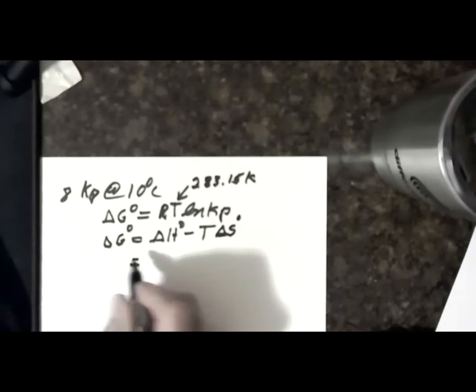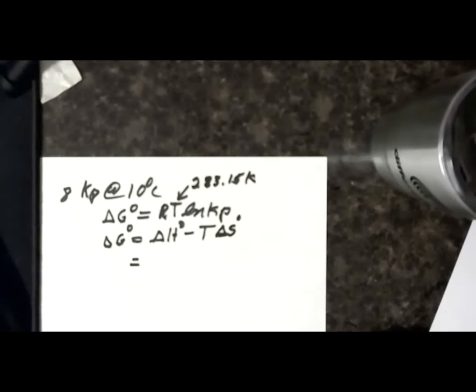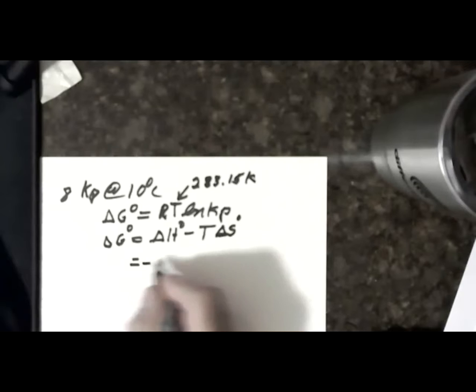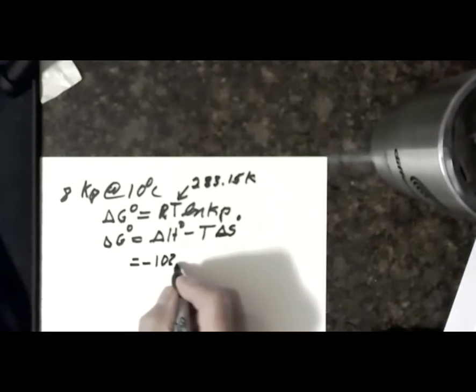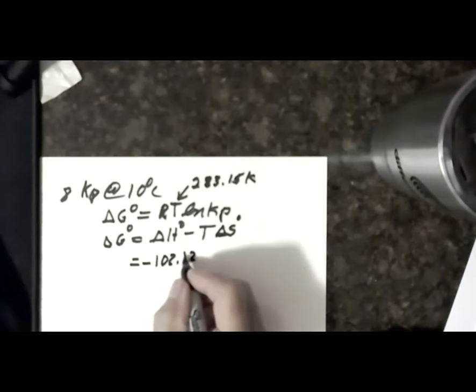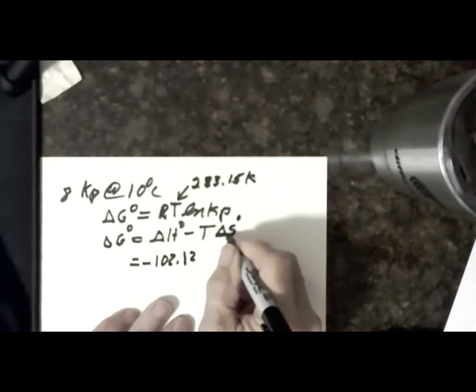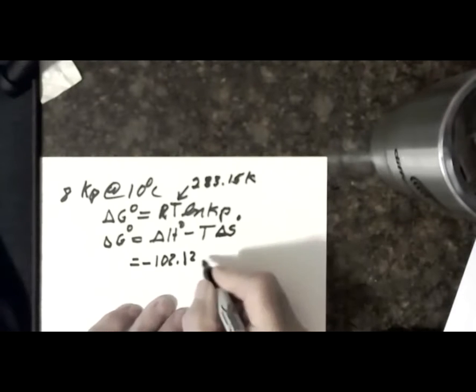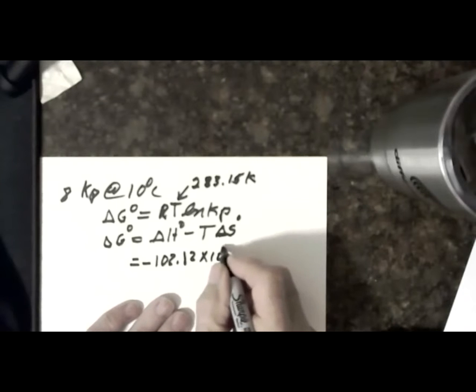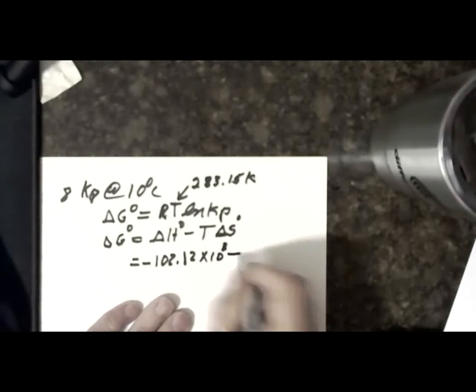So the delta H we got was minus 102.12, and that's in kilojoules. This is going to be joules per Kelvin. So I'm going to multiply that times 10 to the third, so we're consistent again. Minus the temperature.